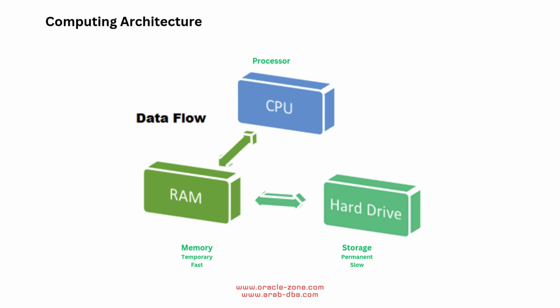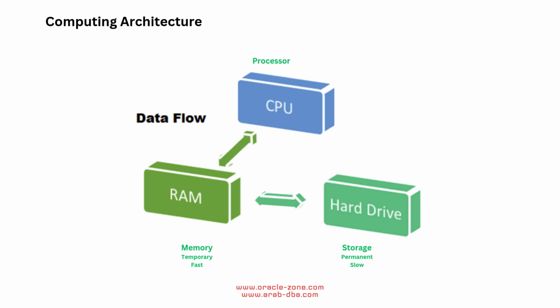The second component is the storage or disk, which is a permanent place to store data so that the data remains present even if you restart the computer. The third component is the processor, which processes the data. So we have three primary components for the operation of computer systems. 1. Memory. 2. Storage. 3.